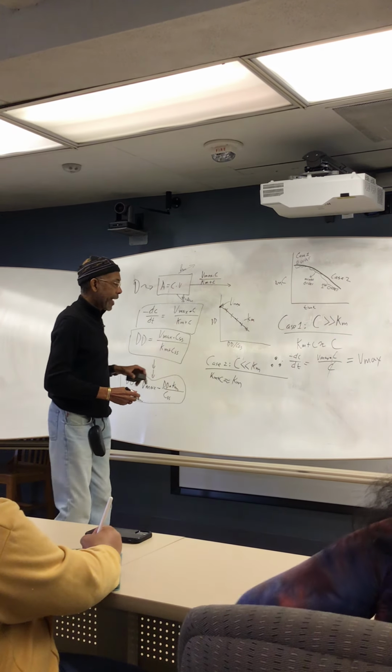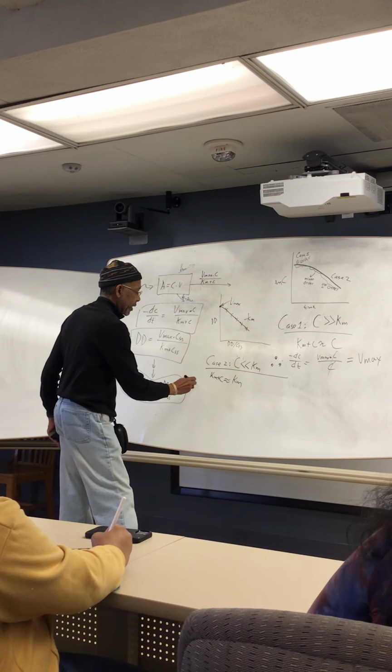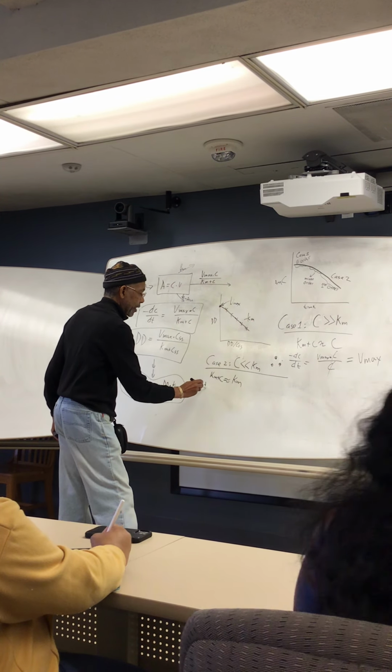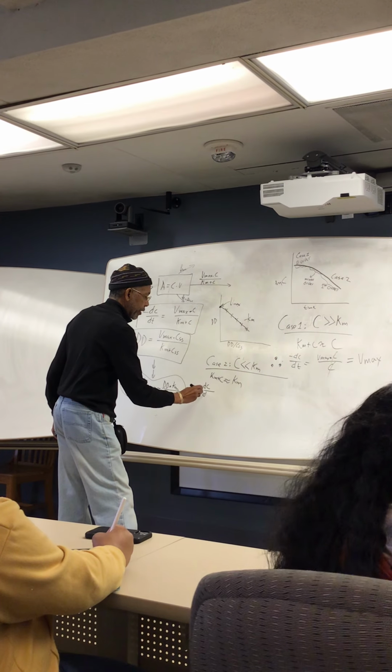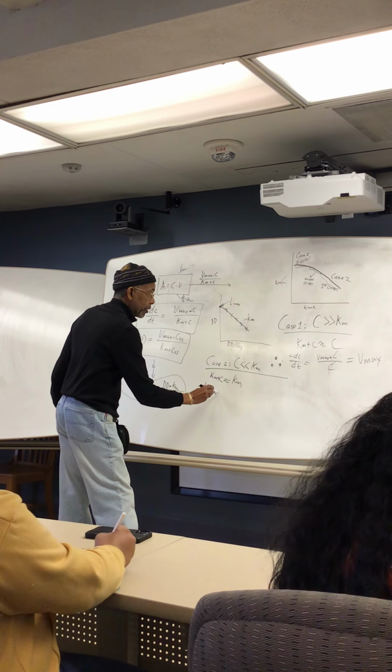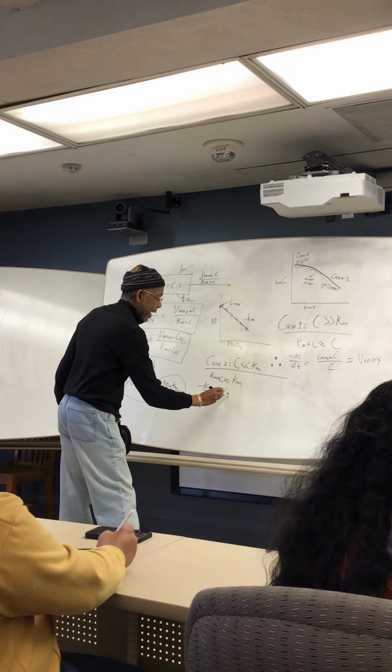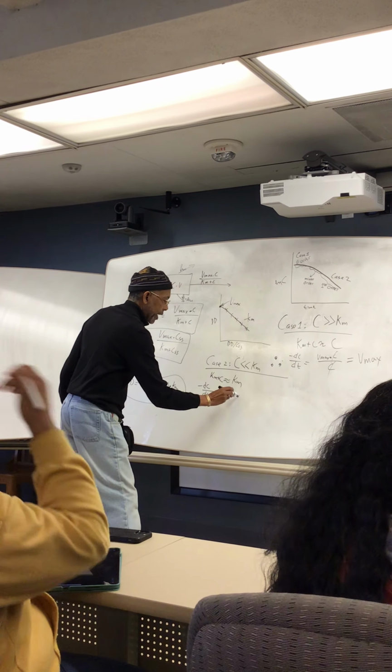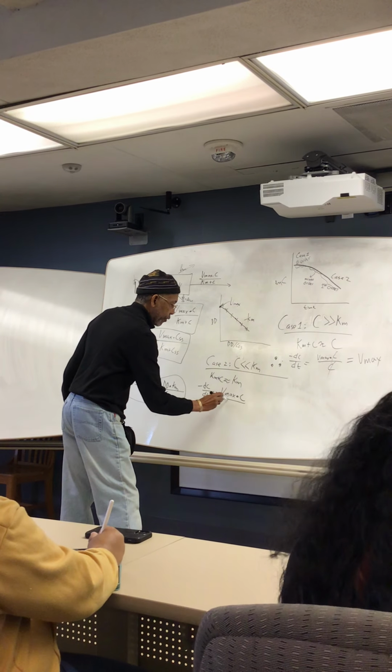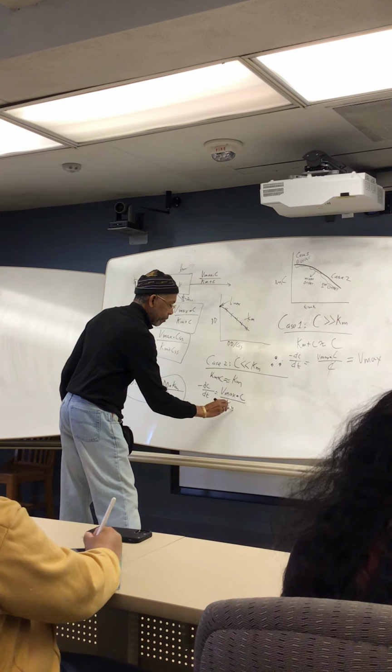And when that happens, we can rewrite the Michaelis-Menten equation to say that delta C over delta T is equal to Vmax times C over Km.